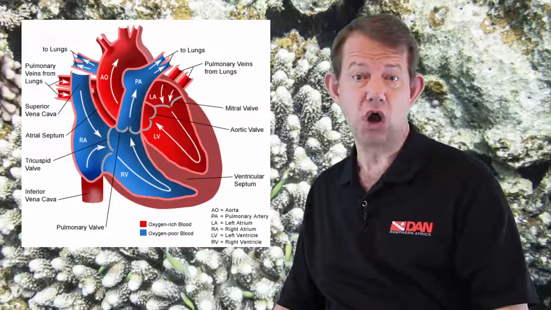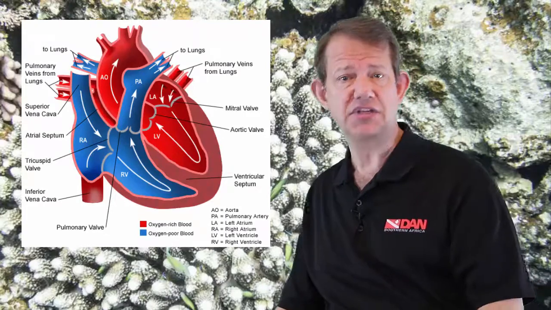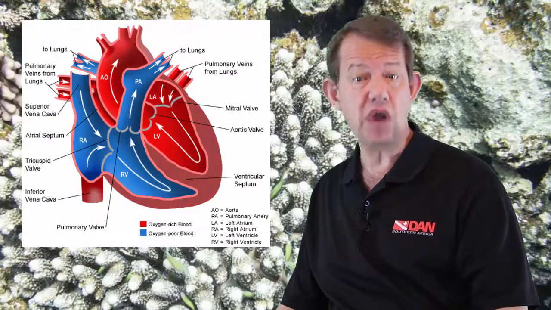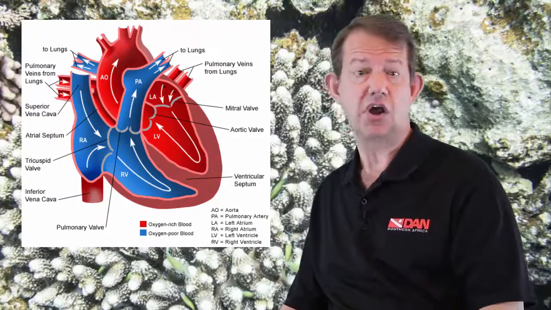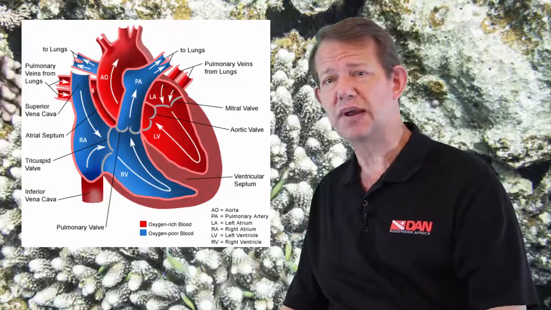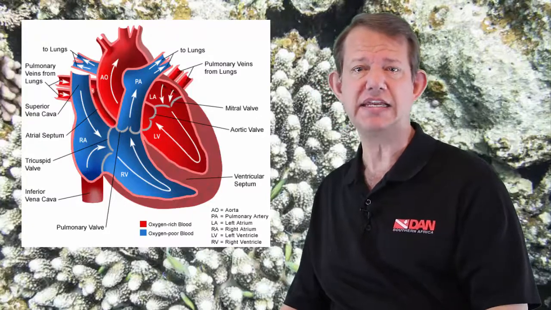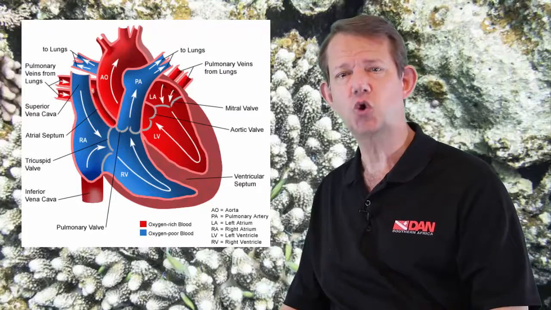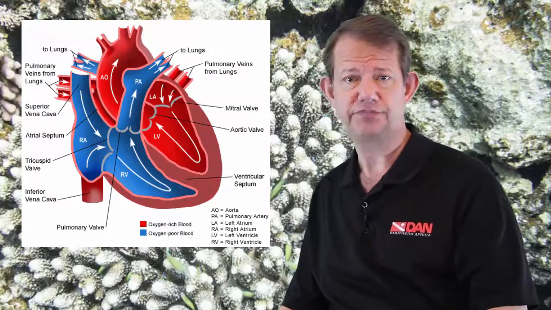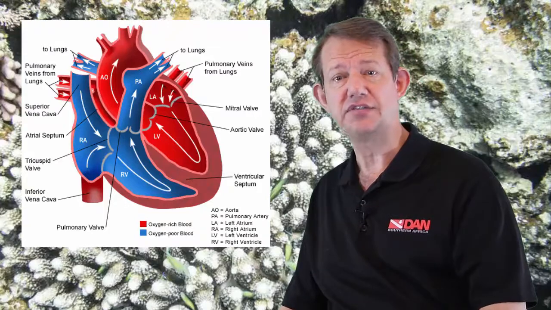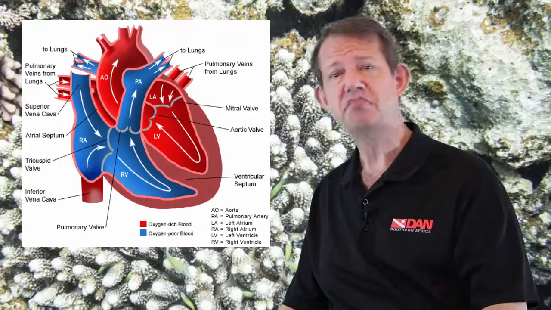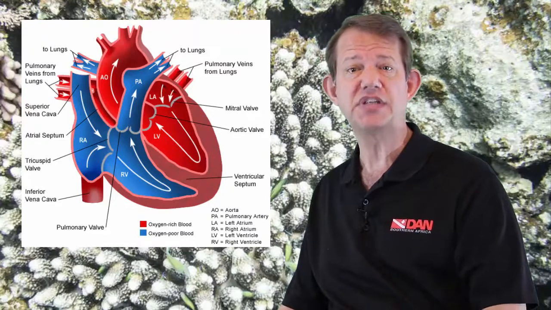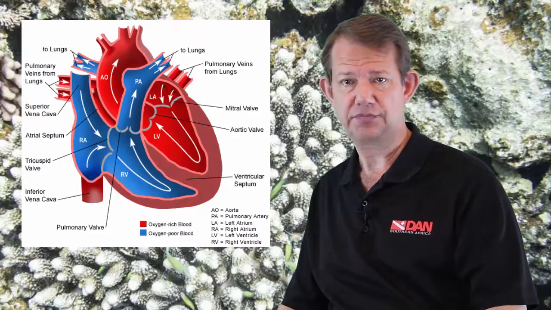How hard your heart has to work varies depending on a number of factors, including your activity level. On average, the human heart pumps about 70 milliliters of blood with each heartbeat. That is called stroke volume. A heart of an individual at rest beats on average about 72 times a minute, and that is known as your heart rate.